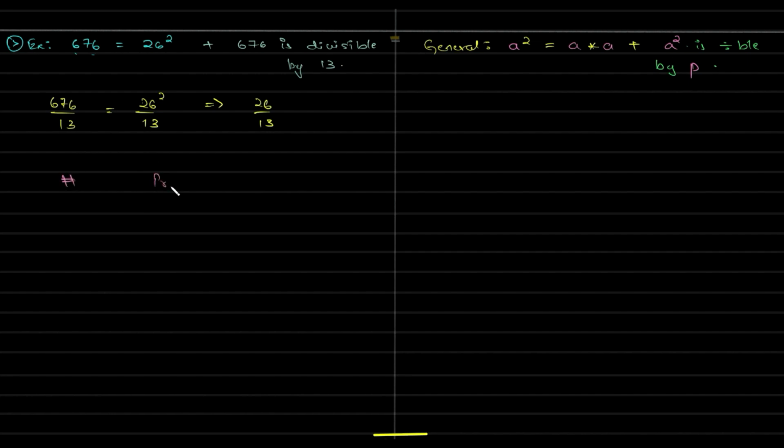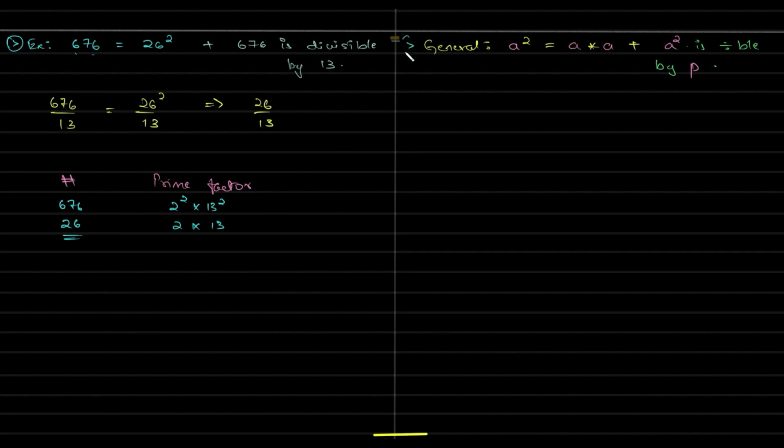Number in its prime factor form: 676 can be written as 2 square into 13 square, and 26 can be written as 2 into 13. Make sense? It has to be, right? There's no other way, because 676 is the square of 26. So it has to be the square of the prime numbers that 26 is made up of.